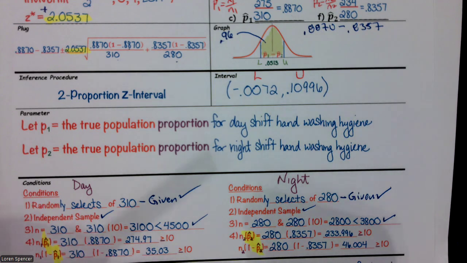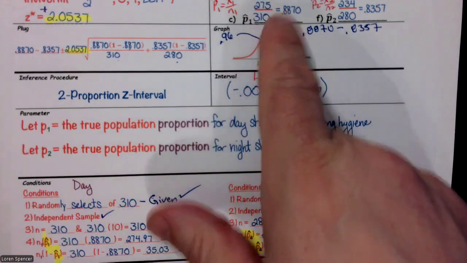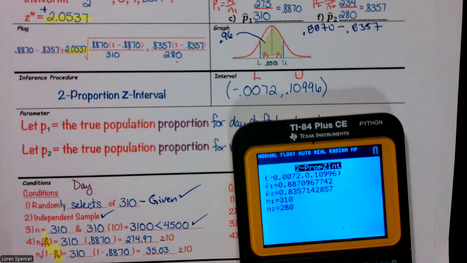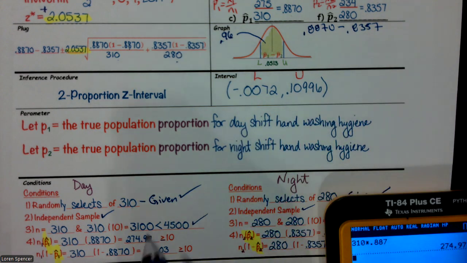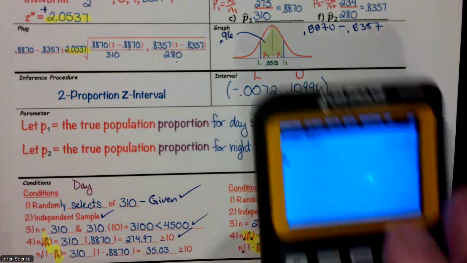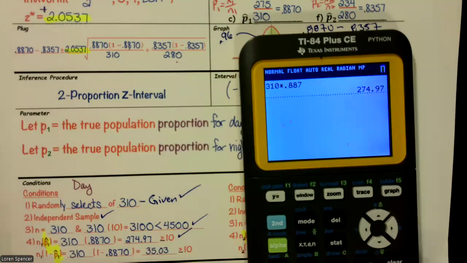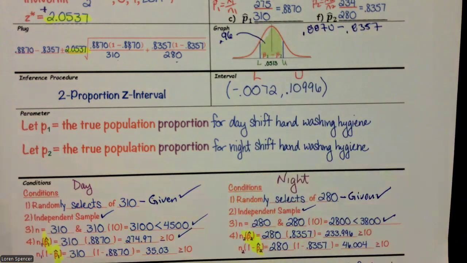So we see 310 times p hat 1, and that ends up being 274.97, and that's greater than 10. Then we have to check the 1 minus. So we're going to go 310 times (1 minus 0.887), and we get 35, which is also greater than 10.